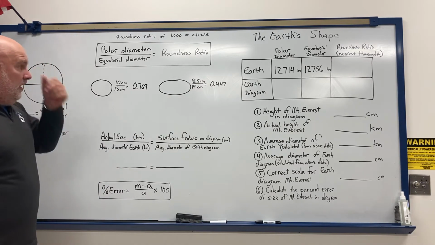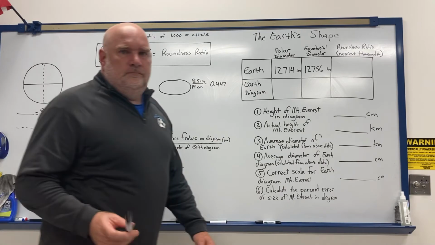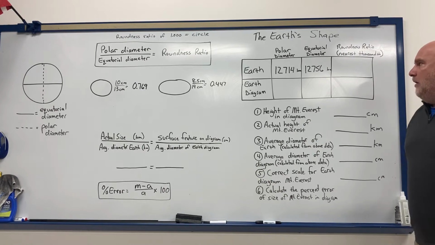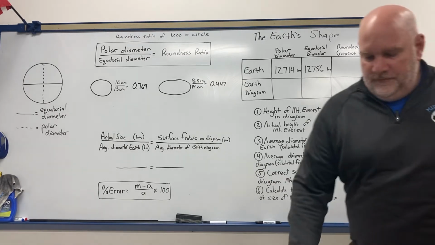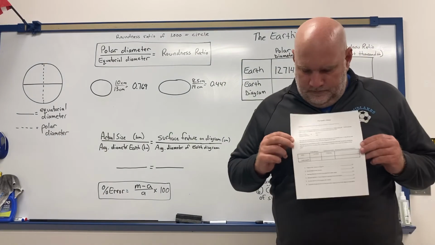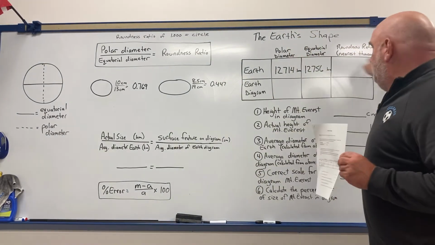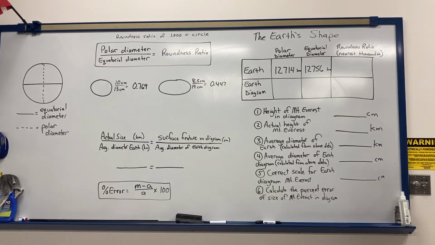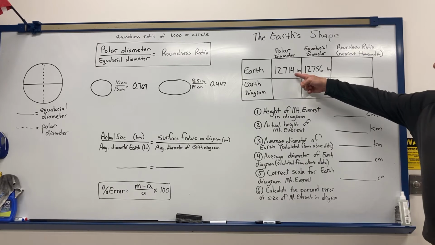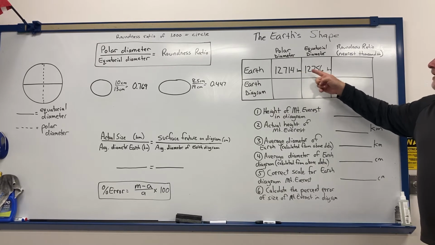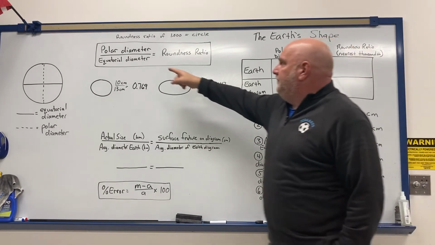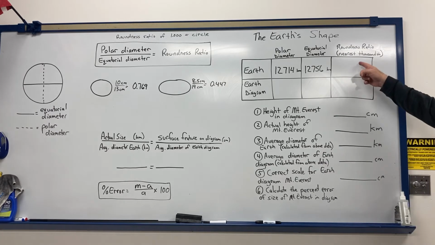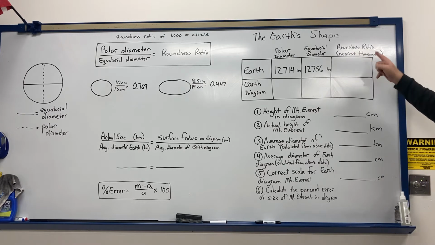Okay. So first off, you're going to calculate what the roundness ratio of the Earth is. In your lab, the top part is what's right there. I've given you the polar diameter, and I've given you the equatorial diameter. So what you need to do is plug those numbers into this formula right here, and calculate the roundness ratio to the nearest thousandth.